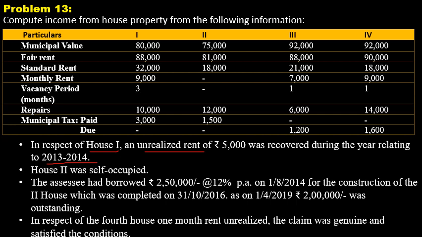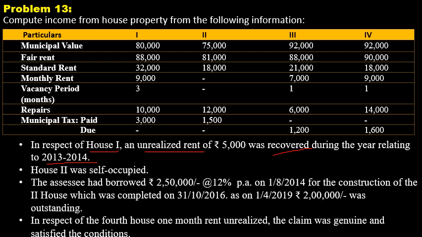It was recovered in the current previous year, so it is considered as income. You can add it at the time of calculation of house 1, or you can consider it at the end. That is left to you.